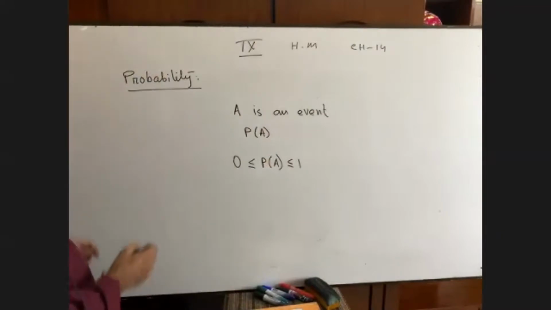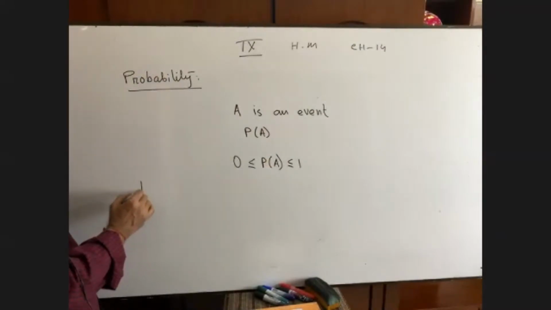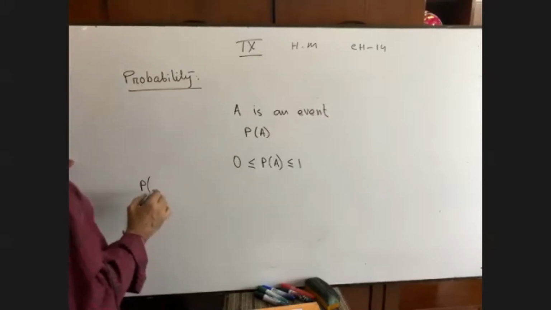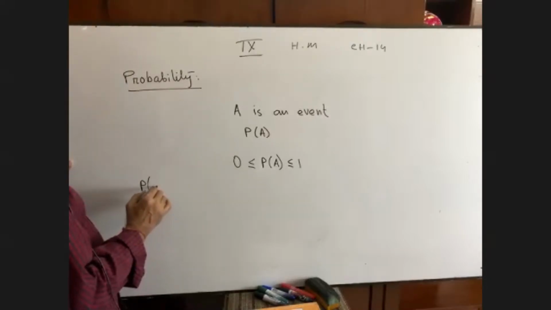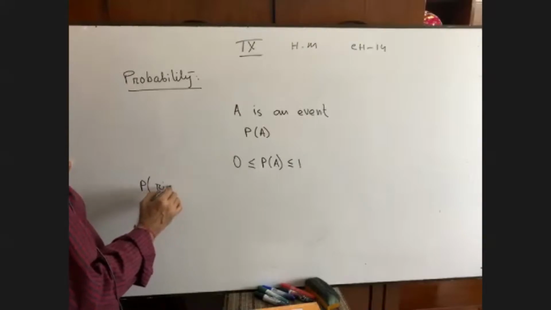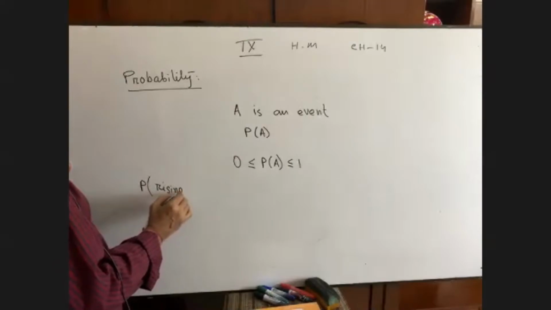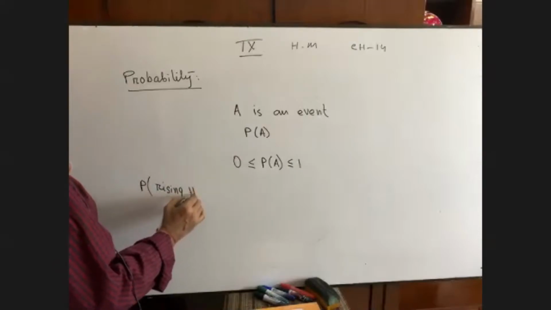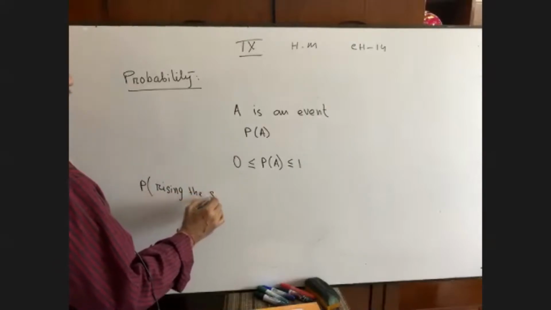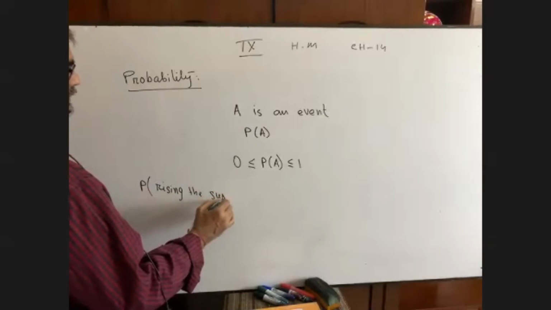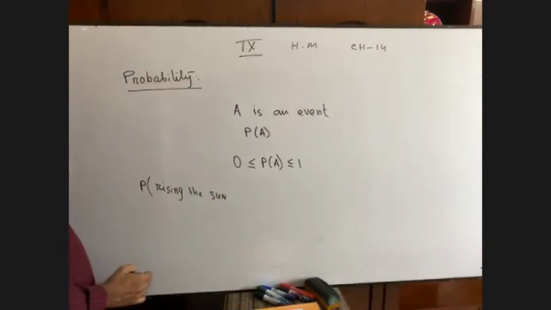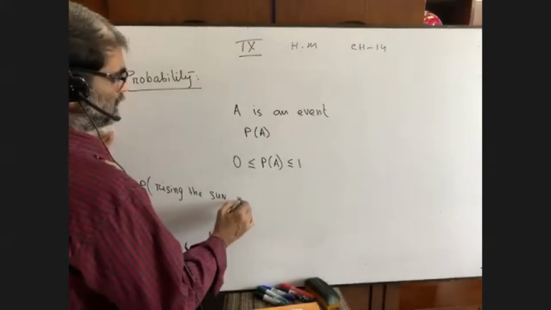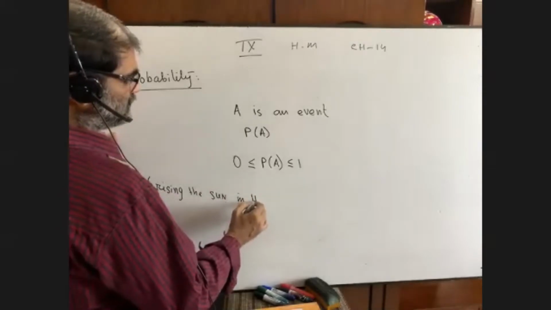Suppose the probability of the sun rising in the west.